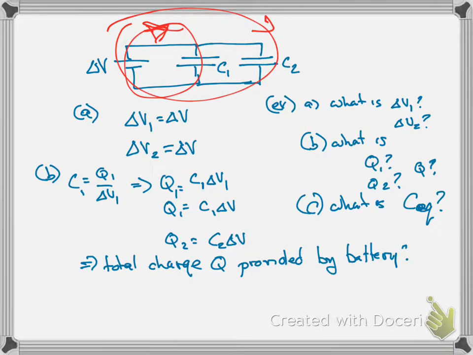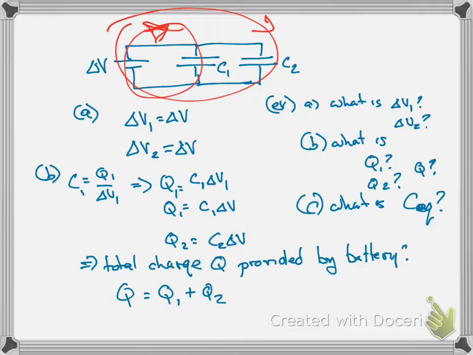The total charge provided by the battery, it provided Q1 to C1 and Q2 to C2. So in this case, Q must equal Q1 plus Q2. It must equal the sum of the two because it charged both capacitors separately, right? Unlike when they were in series, where they were dependent on each other. In this case, they're not.